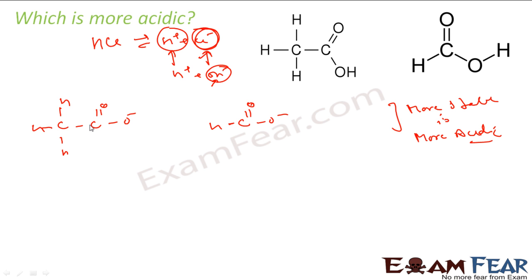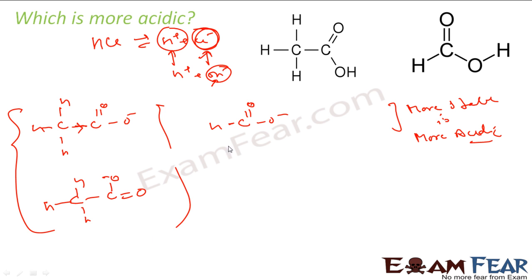In this case, if you see, due to inductive effect, this CH3 will give electrons here. So if you see the inductive effect, you think that this is less stable. But now if you see the resonance, there are two resonating structures for this. One is this, the other is this. This is a resonating structure, and in this case there is no resonance.